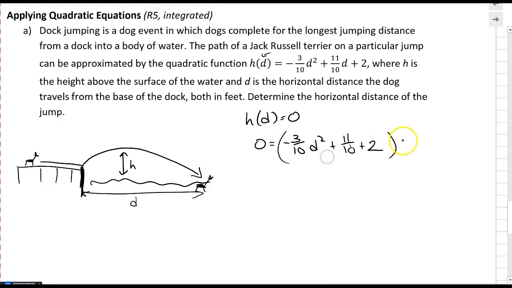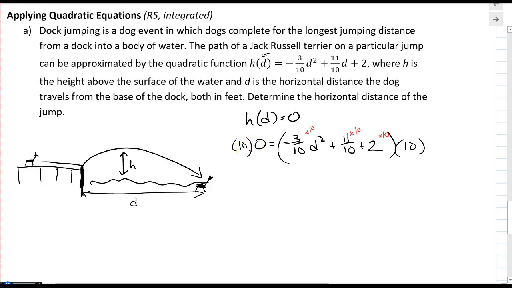So everything is going to be multiplied by 10 on the right-hand side, and 0 is going to multiply by 10 on the left. You could also think of it as multiplying each term by 10. Either way, we're doing the distributive property.